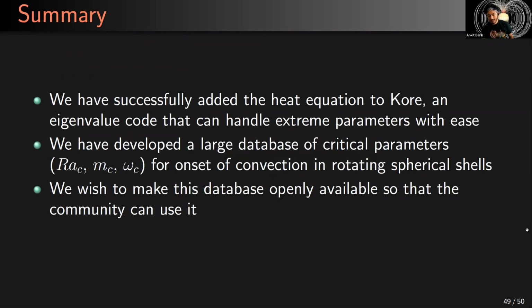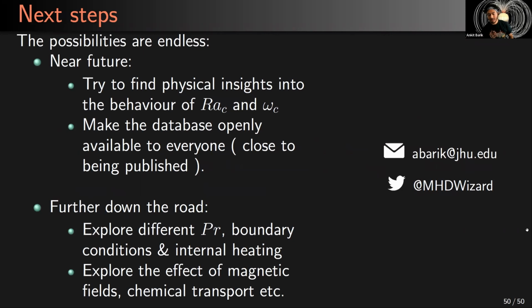And we have developed this large database of critical parameters for onset of convection, which we will make openly available so the community can use it. We have our first round of reviews back from the reviewers, and they seem not too bad. So we hope to see this published soon.